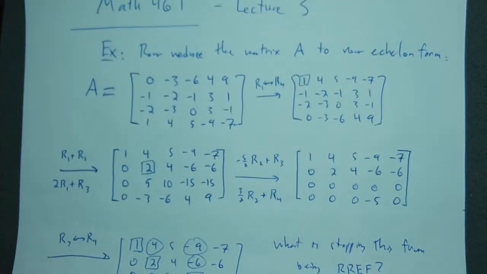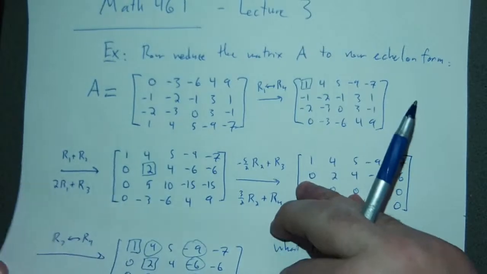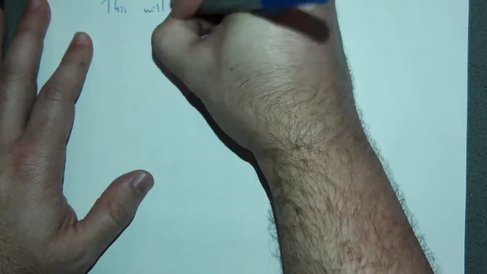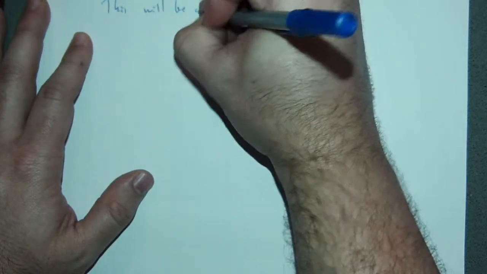Okay, so we are going to be doing that algorithm a ton in this course. In fact, you're going to be doing it like constantly. Okay. So here's the point. This will be applied to almost everything we do.